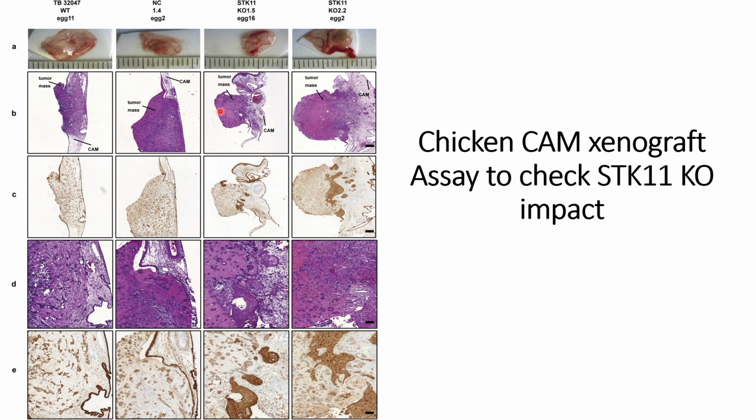These are the tumor masses. And same is the case with the other knockout. So where STK11 is not knocked out, the rate is slower, whereas where STK11 is knocked out, the tumor cells spread faster. It can be seen here in this figure.